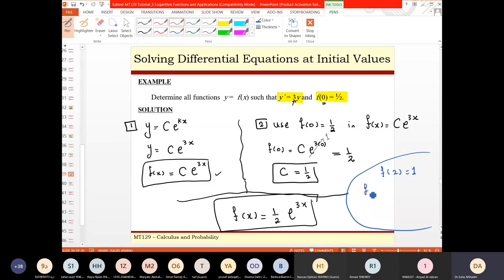In this case I will say that f at 2 equals c times exponential 3 times 2, and this equals 1.